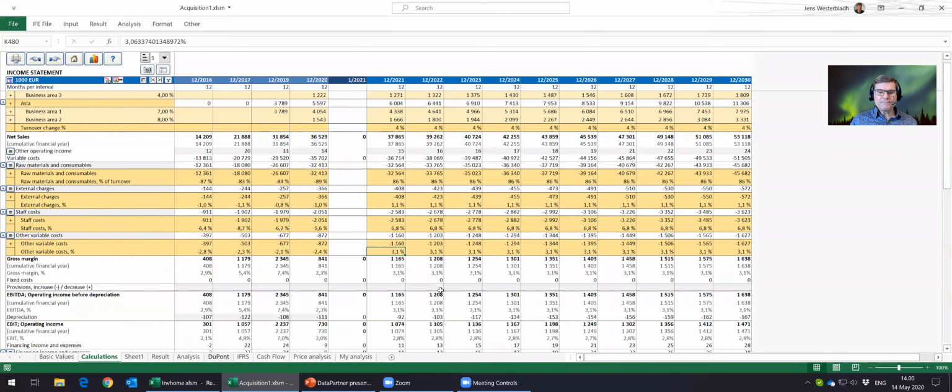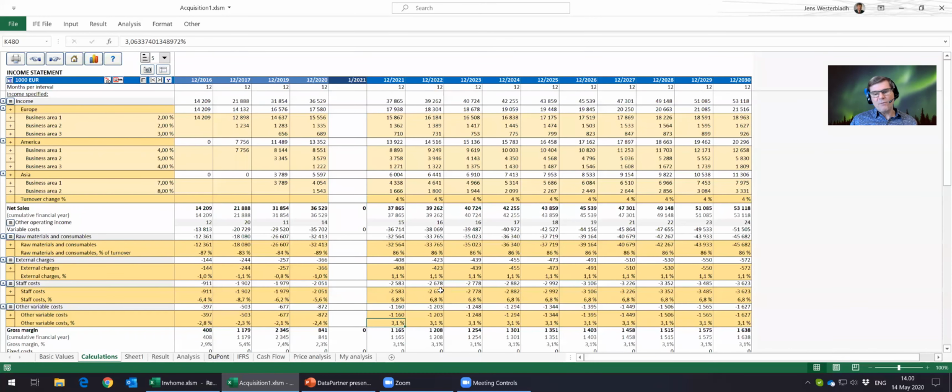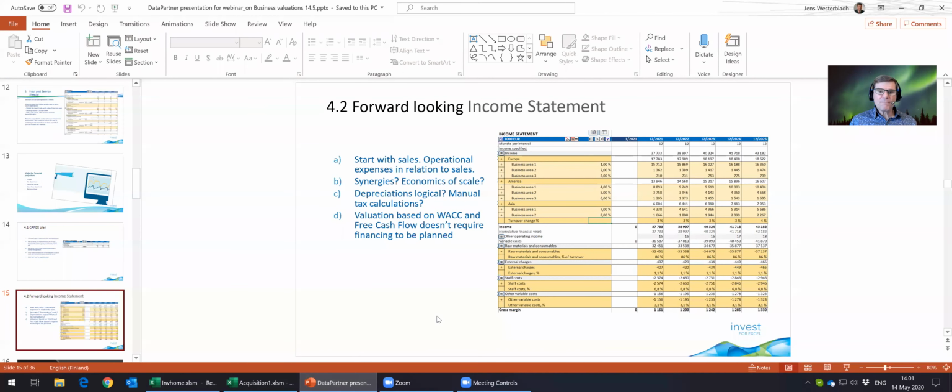And also when we make the forecast, we would also have to think about the impacts of the acquisition or the merger, so that there might be some economies of scale or synergies to take into account.